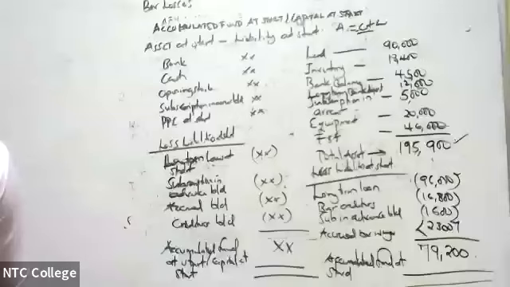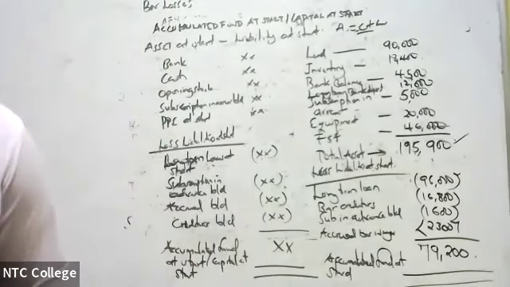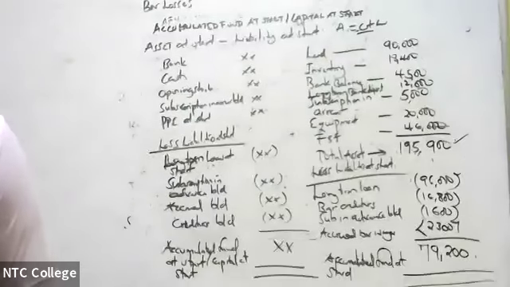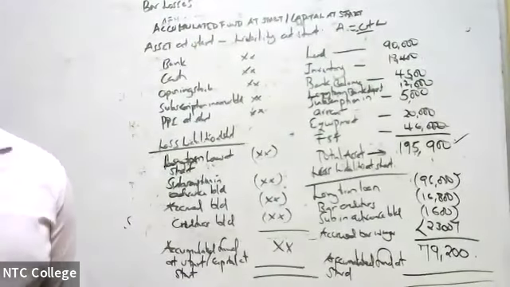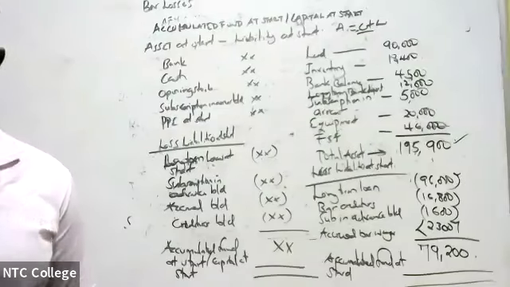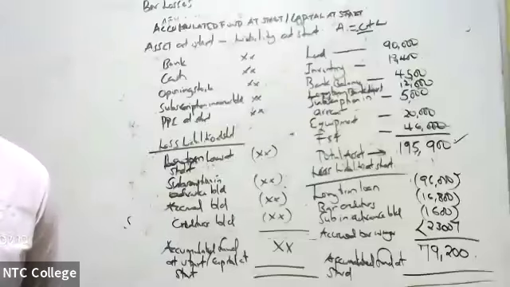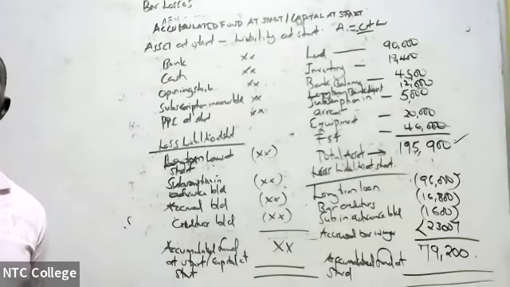Copy so that I can go to the statement of financial position. Joseph and Mercy, has it been copied? If that has been copied, tell the teacher it is okay. I want us to respond if you're done so that I can do the last part.